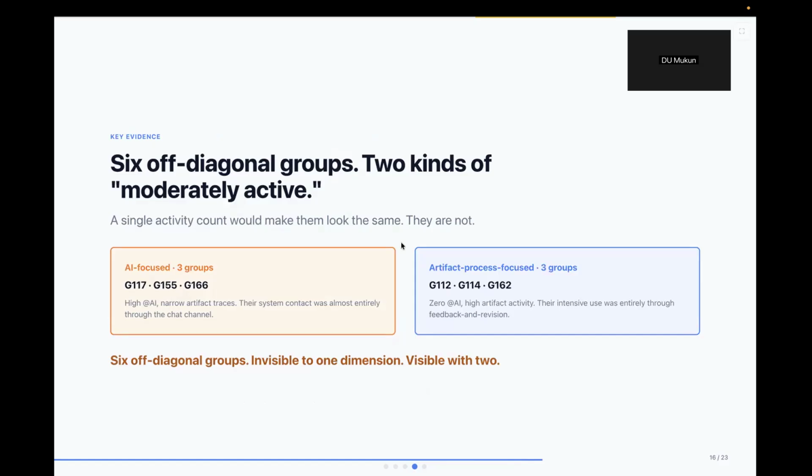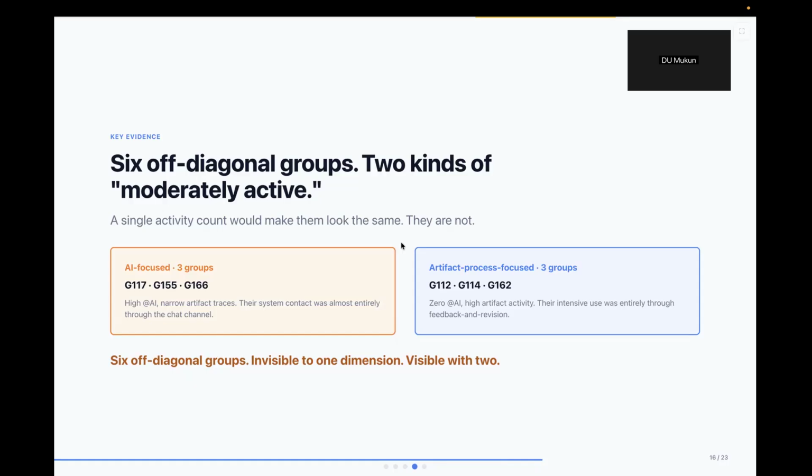And among these six off-diagonal groups, we have found two kinds of moderately active ways. They are either AI focused or artifact process focused. If we don't have this two-dimensional framework, then these groups will not be picked out.